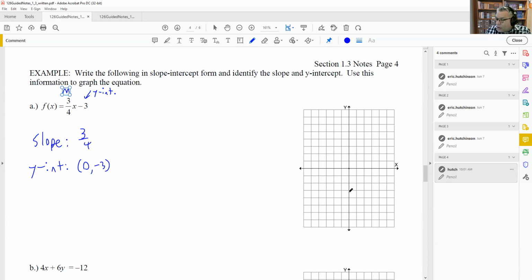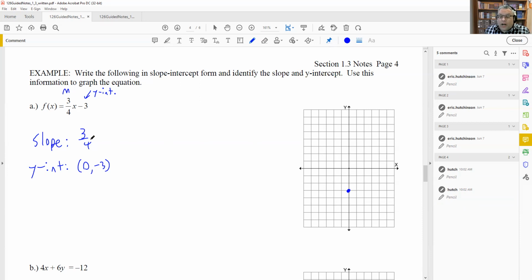Now we're going to plot this. (0, -3) starts right there. With the slope, you start from the y-intercept. The top number of the slope is the part you move up or down. If it's positive, you go up; if it's negative, you go down.